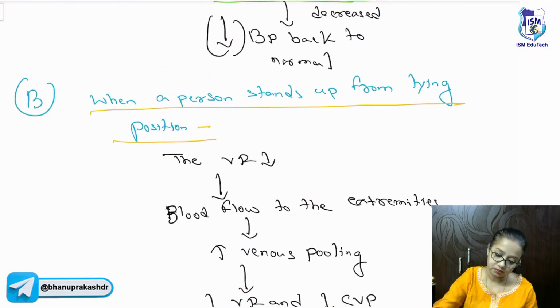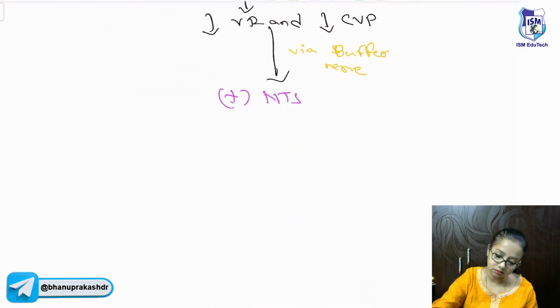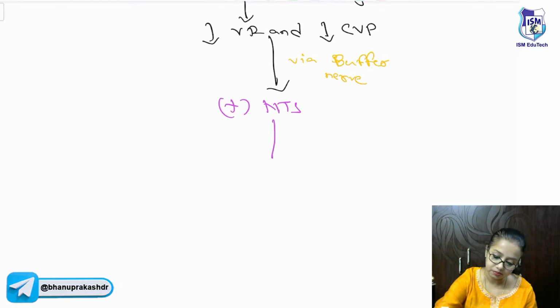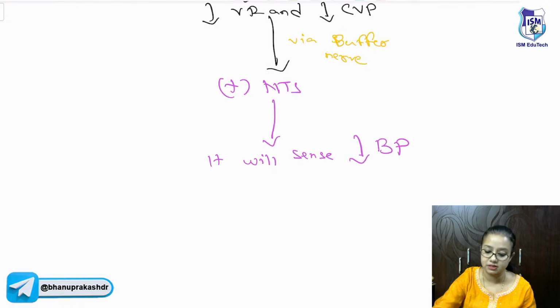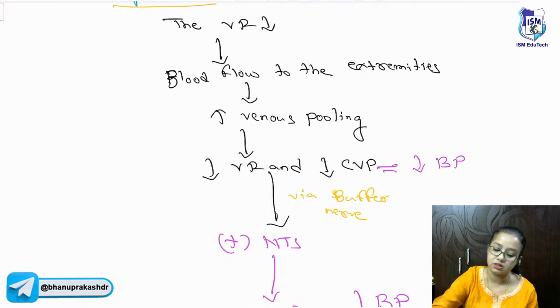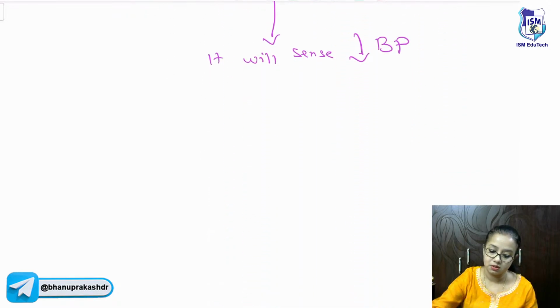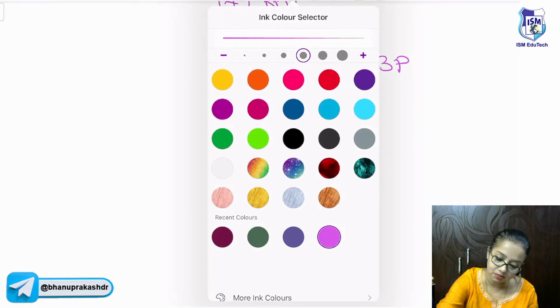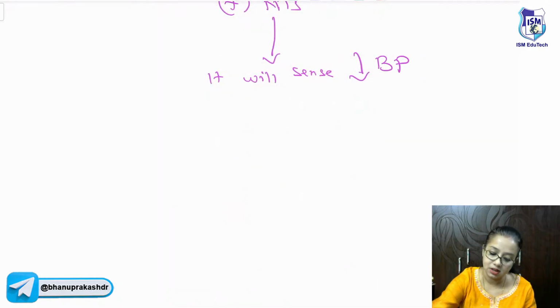So it will sense the drop in blood pressure due to the drop in the venous return and the central venous pressure. So once there is a drop in the blood pressure, just the opposite will happen.